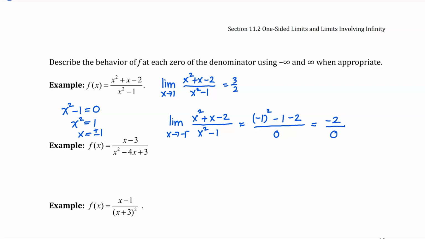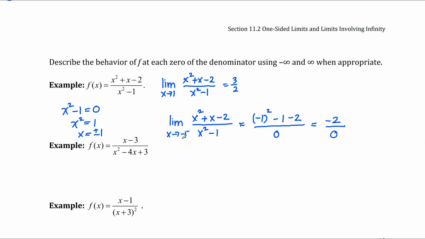Now, this is not an absolute 0 because we're looking at the limit as x approaches -1 from the left. So we do that by plugging in some values here, and then let's just look at the sign. We get a representative point for the values on the left side of -1.